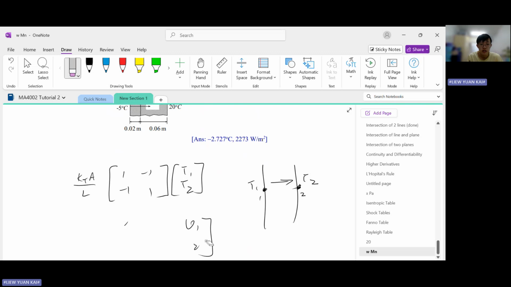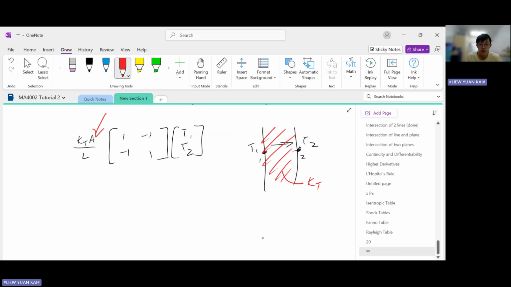So what are the terms that you see here? Here, KT refers to the thermal conductivity of the solid. Okay, so right here, this is a solid. It's some material, and each material has its own thermal conductivity. A is the cross-section area through which conduction is occurring.